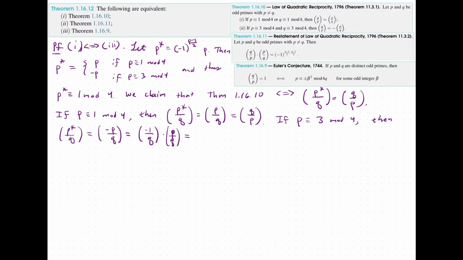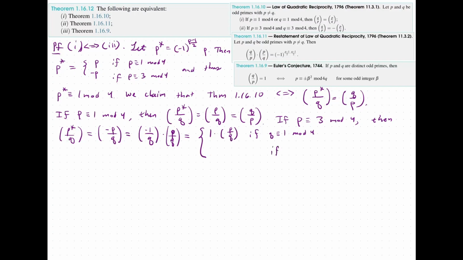So now we're going to do this by cases, depending on when q is congruent to 1 or 3 mod 4. So if q is congruent to 1 mod 4, then (negative 1 on q) is 1. And because q is congruent to 1 mod 4, we just get back that this here will be 1 times (p on q).